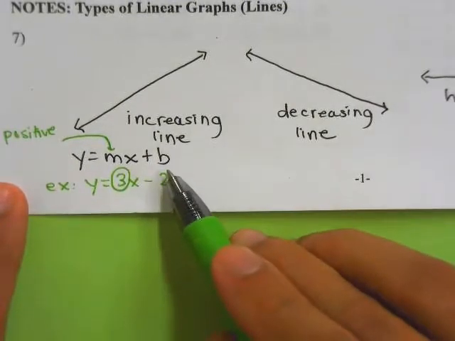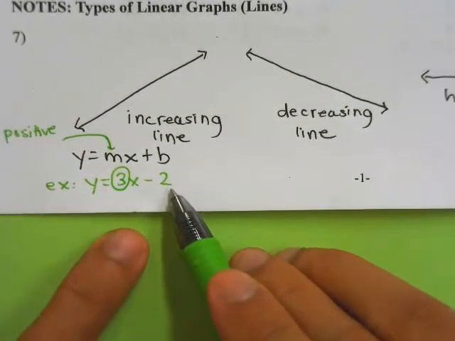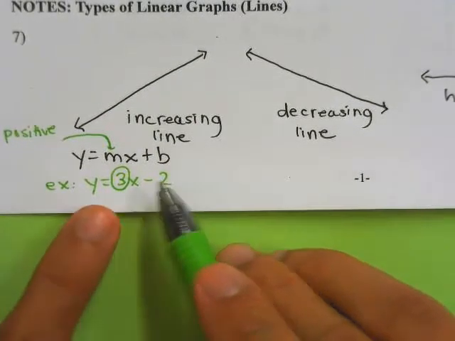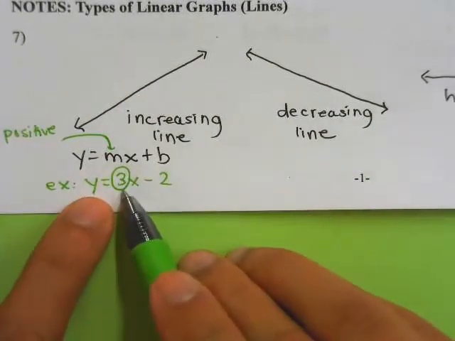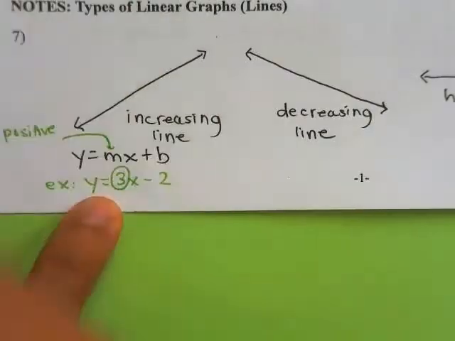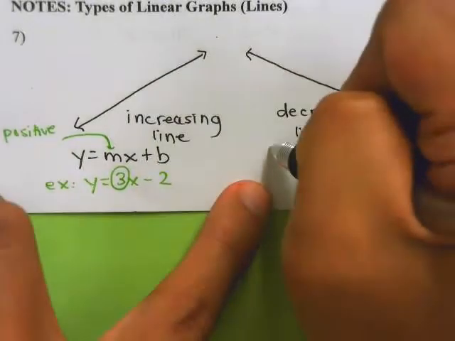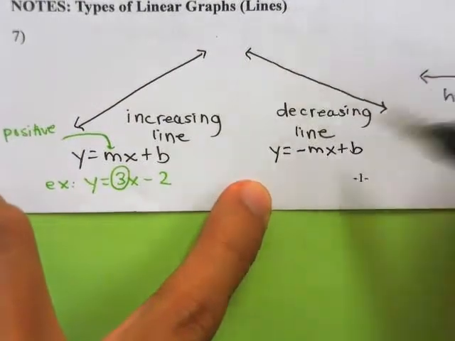So this b value over here, if you remember from previous courses, is your y-intercept, but your y-intercept will not affect whether the line is increasing or decreasing. Okay, so look for that number in front of the variable, and if it's positive, it's going to be increasing. For a decreasing line, we could write it like this: negative mx plus b.